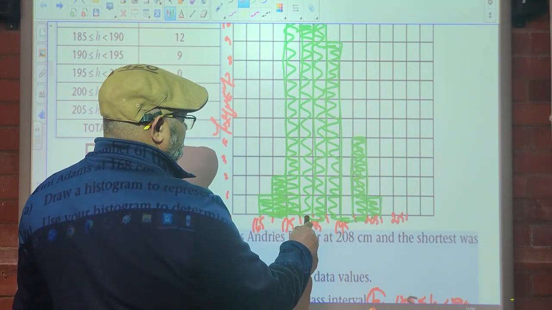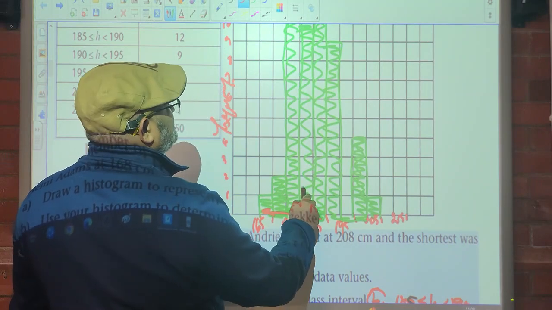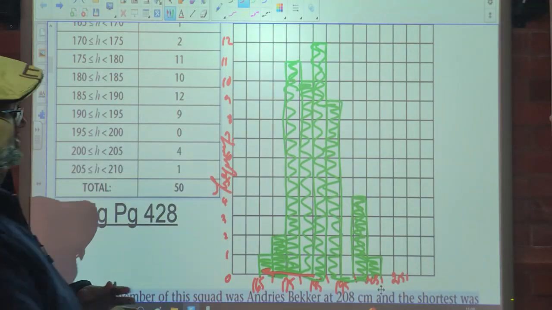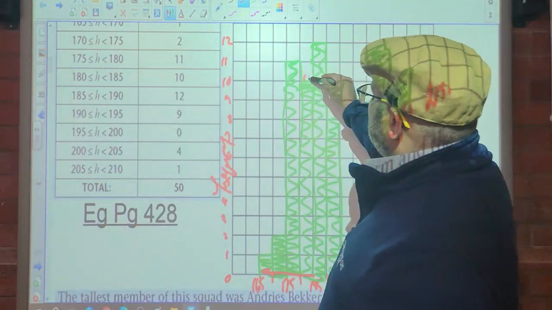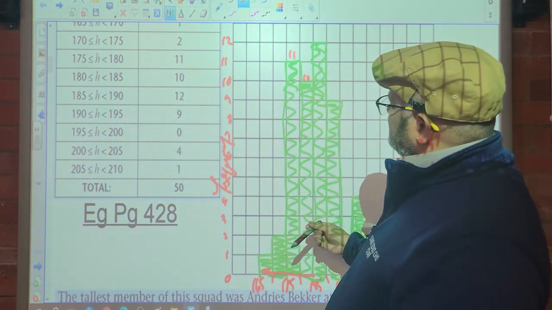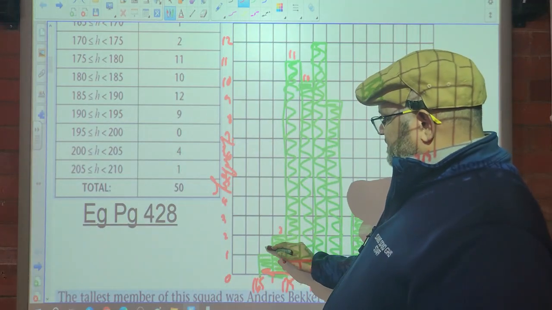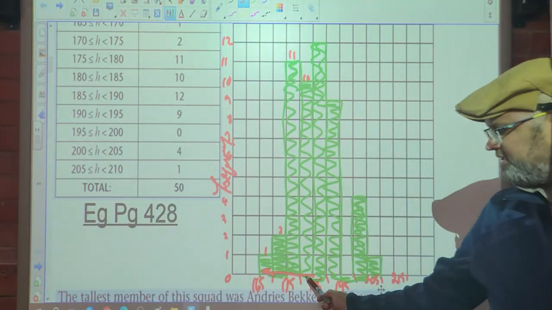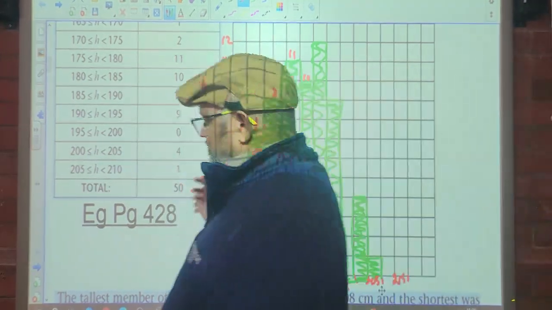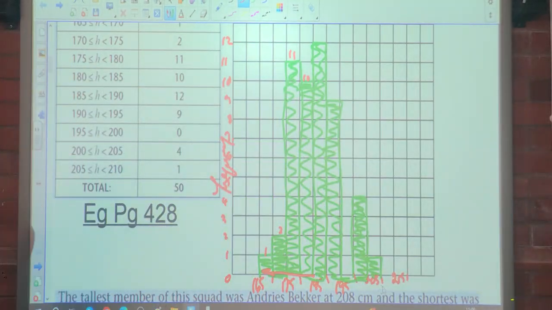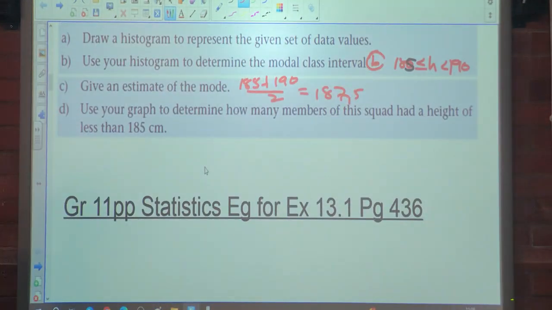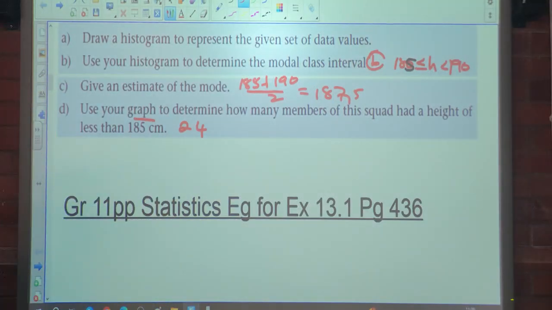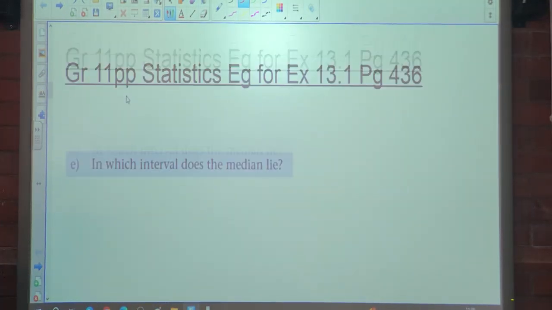So the first one was 10, 11 is 21, 22, 23, 24. You guys understand? So it's either by the table or the histogram. You can get the same answer. And the answer is 24. They ask usually graphs, so they wouldn't know if you don't make a mark anyway.